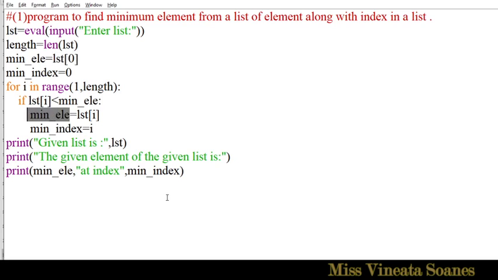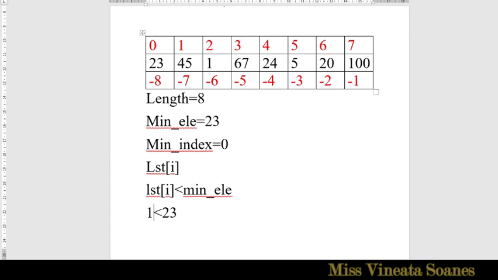Now you're saying, shift to this lst[i], the new value, because it's less. So min_el, you now remove, you don't point to 23 anymore, you will point to this number which lst[i] is holding. Right now lst[i] is holding 1, so min_el now will also become 1.